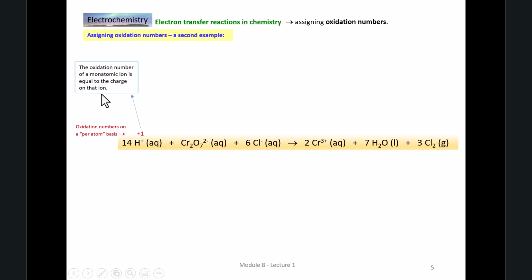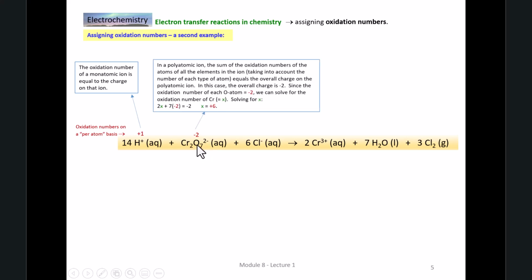Let's look at the dichromate ion. Well, we know to start with that oxygen here is going to have to be -2. And we are also reminded that the oxidation numbers of all the atoms in this dichromate ion, taking into account how many there are of each atom, will have to add up to -2, the charge on the ion.